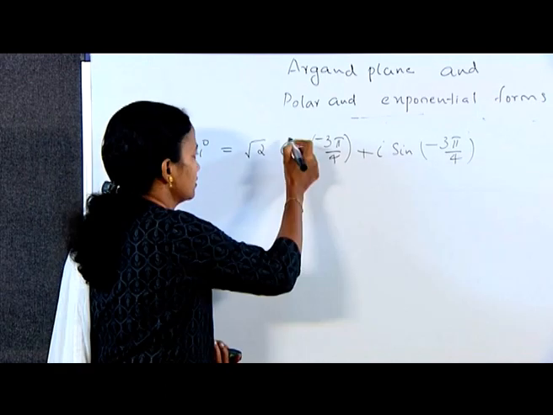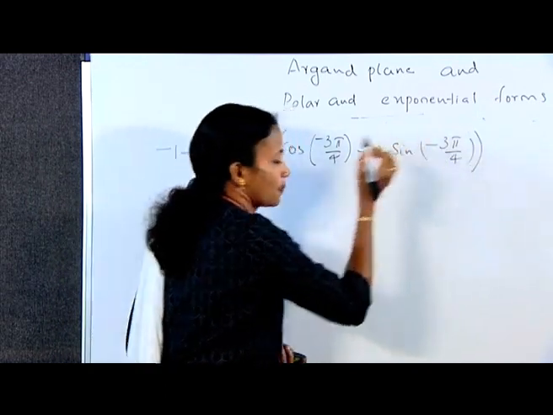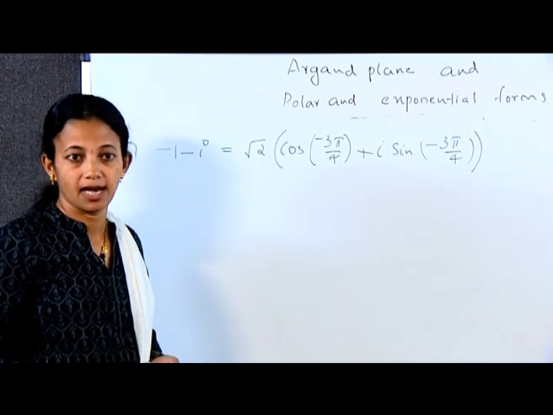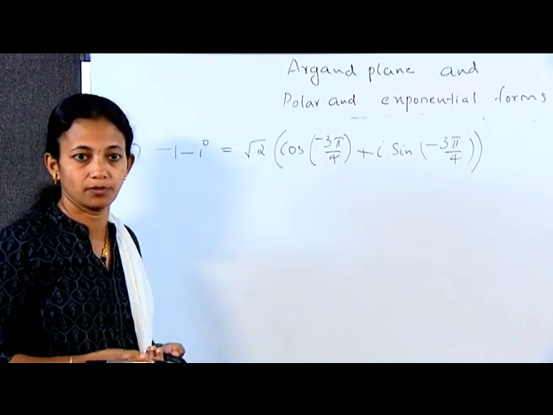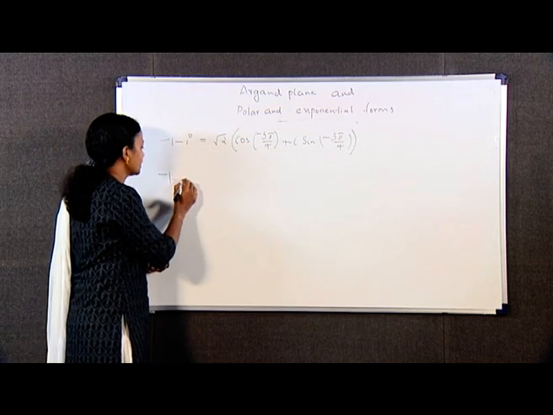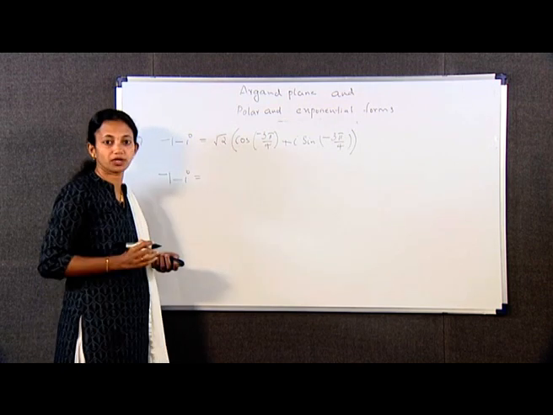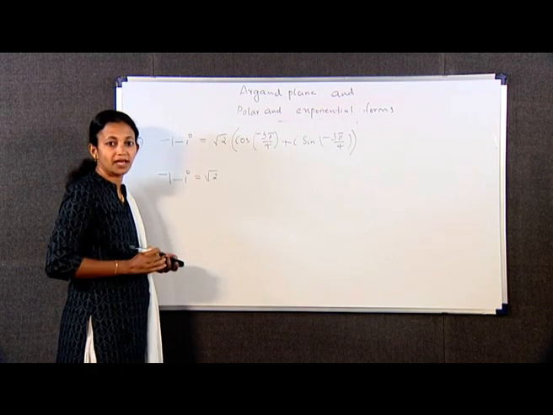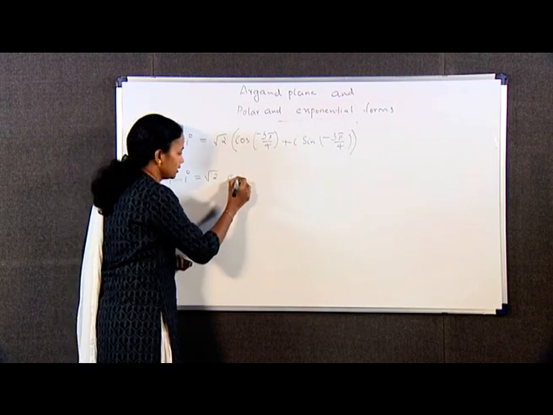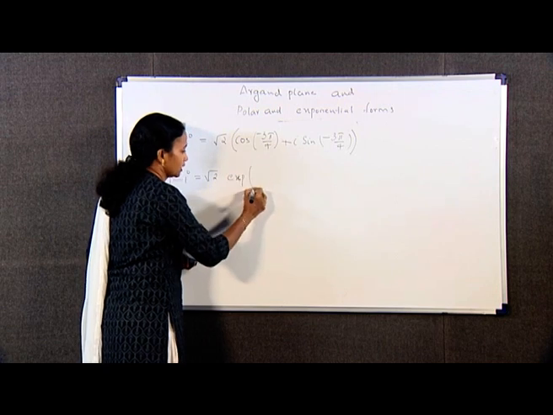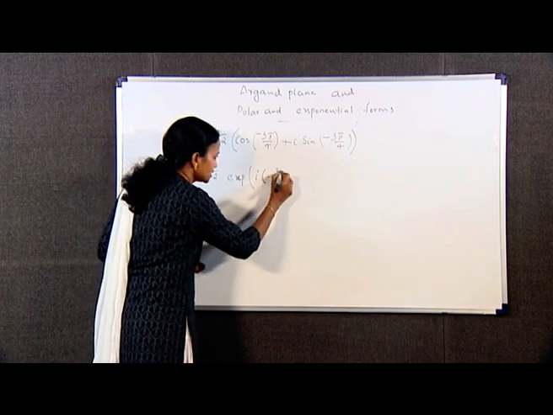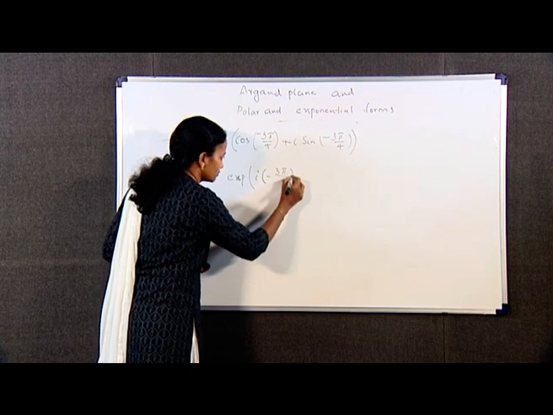Hence, here we have the brackets. Hence, the number minus 1 minus I has the exponential form square root of 2 into exponential I minus 3 pi by 4.